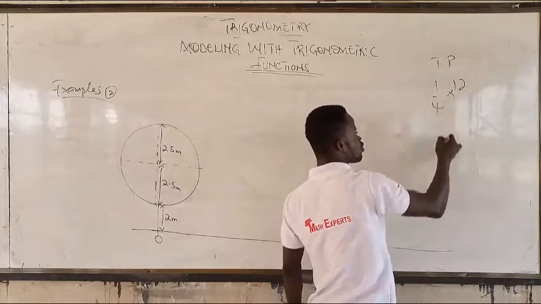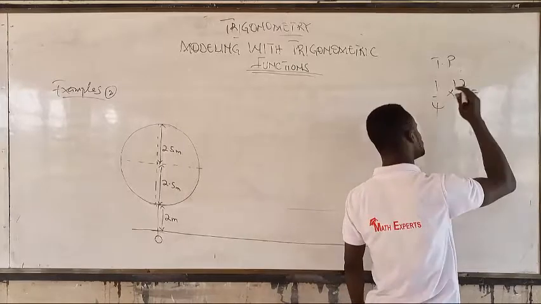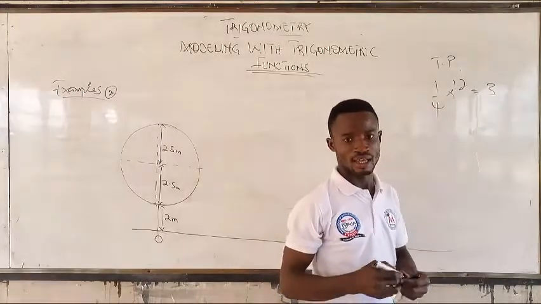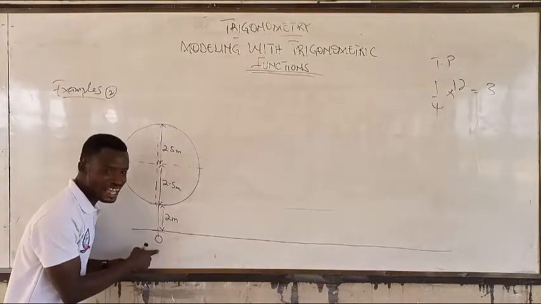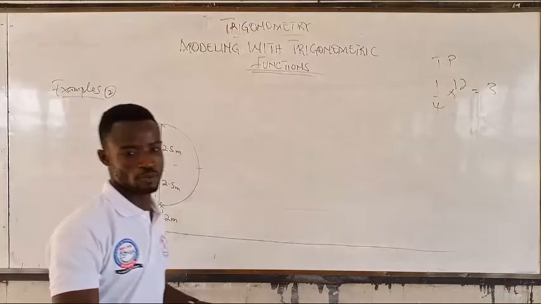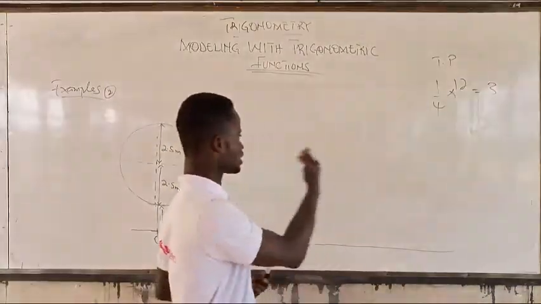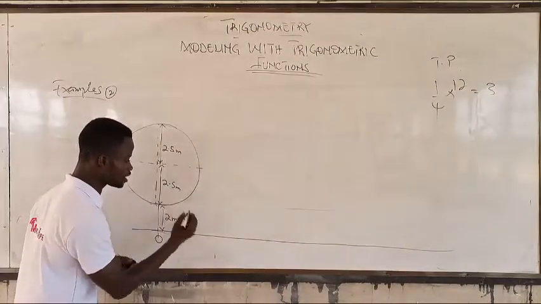So you multiply by 1/4, and that is going to give you 3. So it means that you start at 0, then you begin to add 3.